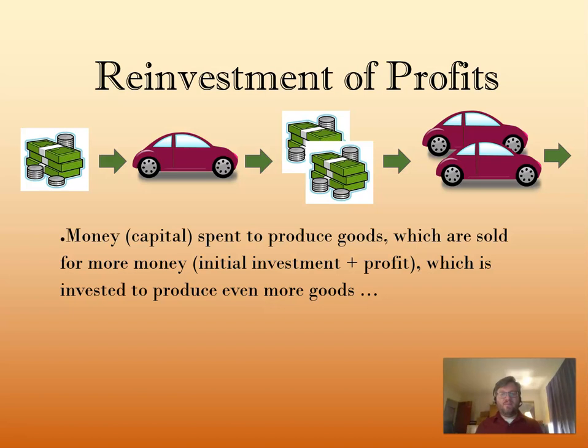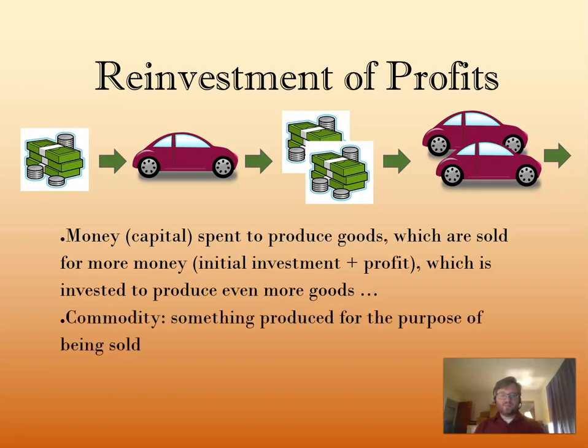We're going to spend it to build even more cars than we built the first time around, and we're going to sell those cars and get even more profit from that, and we can make even more cars. Every time we invest our capital, we make something, we sell it, we take the profit, the increased capital that we now have, and we invest it to make more stuff.